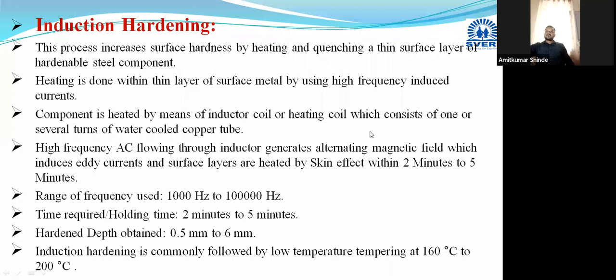Flame hardening is followed by tempering at approximately 150 to 200 degrees Celsius. Similarly, induction hardening is also followed by low temperature tempering at 160 to 200 degrees Celsius to eliminate the internal stresses caused by sudden quenching from high temperatures.